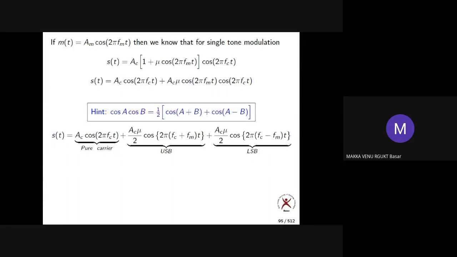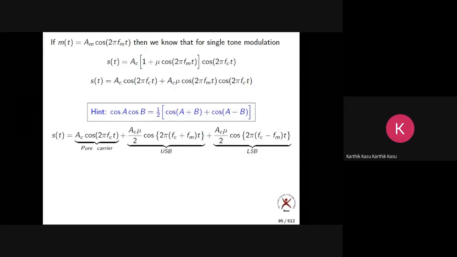Ac by 2 delta of f plus fc, correct, plus delta of f minus fc. Okay, next, plus Ac mu by 4. Delta of f plus fc plus fm. Only tell me positive frequencies, the positive side.